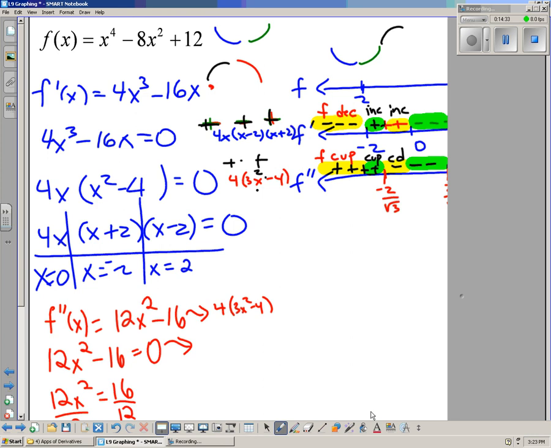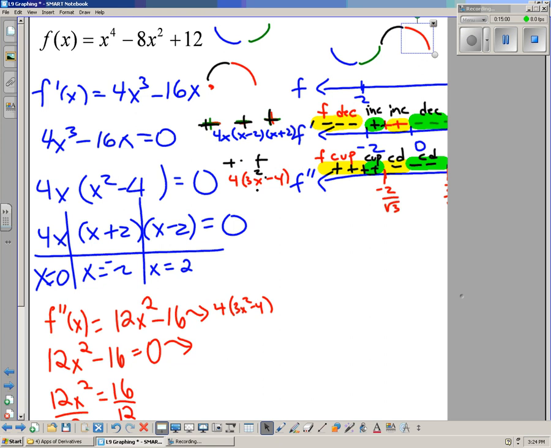So if f prime is negative, the original function is decreasing. And since f double prime was still negative, we are concave down. So decreasing, concave down, is the going down portion of the sad curve. So we'll clone this, and we'll put it right here. So now our curve is unfolding. If you were to graph this on a graphing calculator, you would see this curve unfold as such.